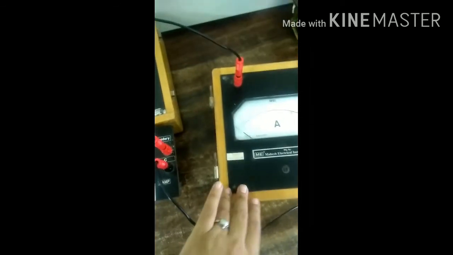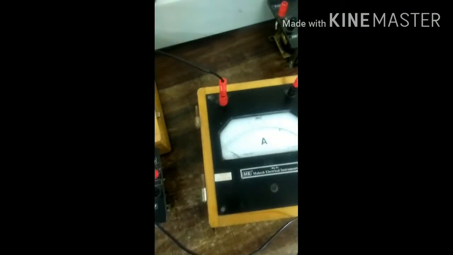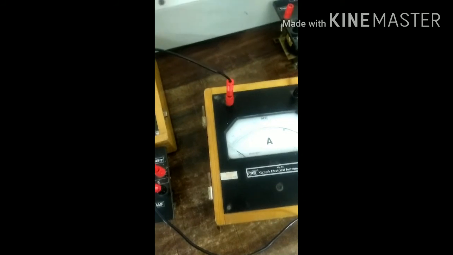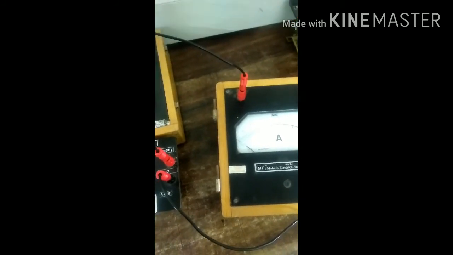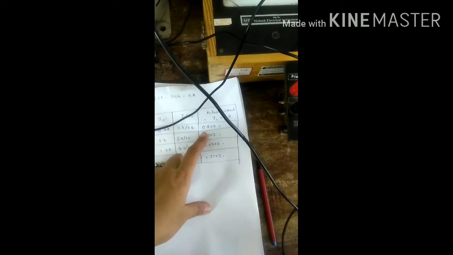So by taking this low range ammeter reading, we can measure the high value of current in the primary, and for that purpose this is your formula for calculating the high value which is present in the primary.